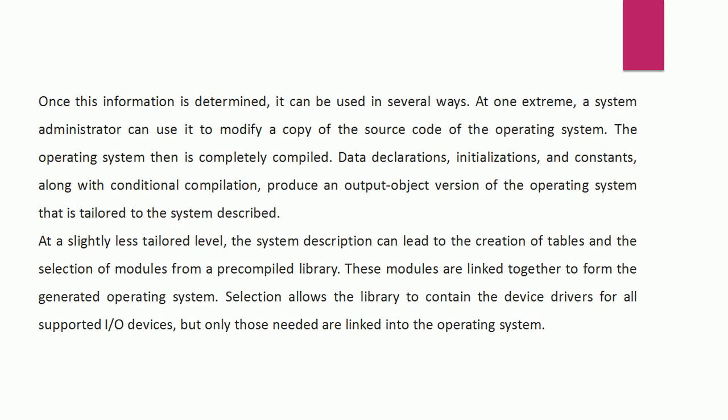Data declarations, initializations, and constants, along with conditional compilation, produce an output object version of the operating system that is tailored to the system described. Tailored means made as per requirement.